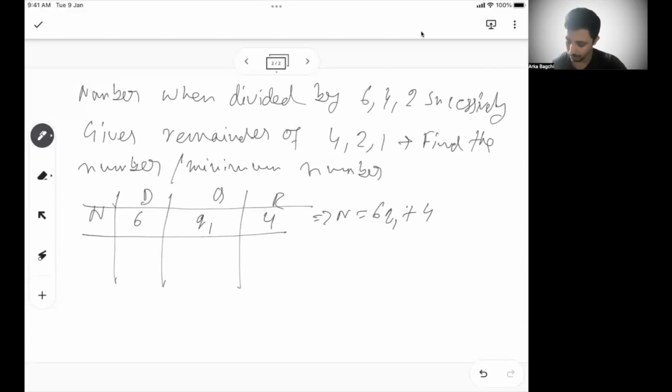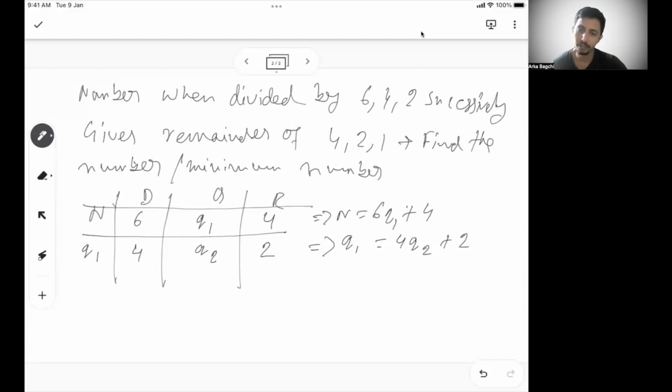Now in the second stage, your dividend becomes q1, and then you are dividing with 4. Let's say your quotient will be a different q2, and you get a remainder of 2. So can I say my q1 is 4q2 plus 2?